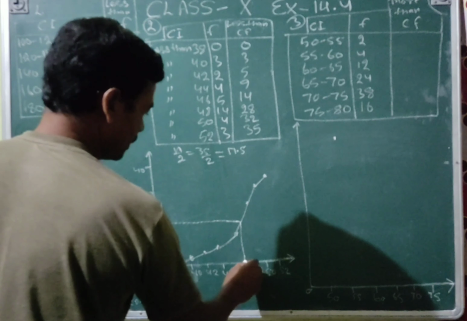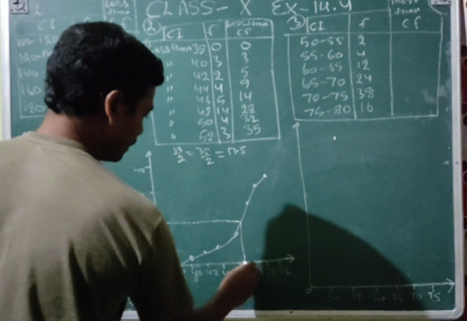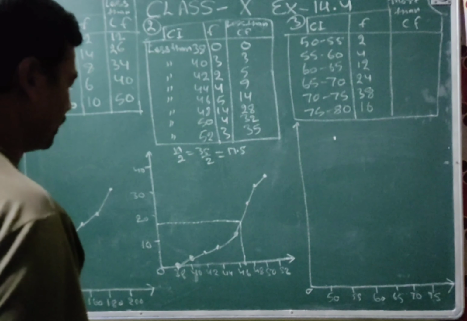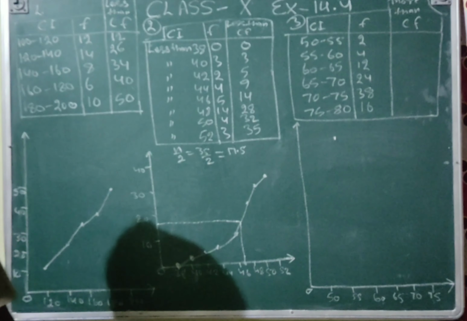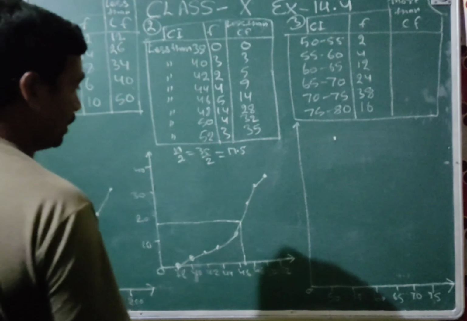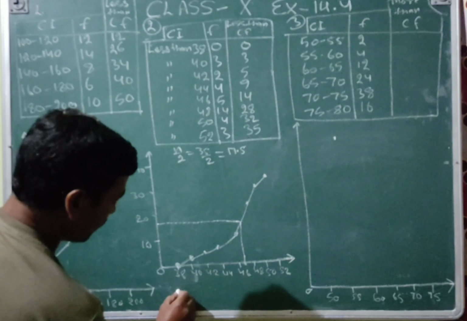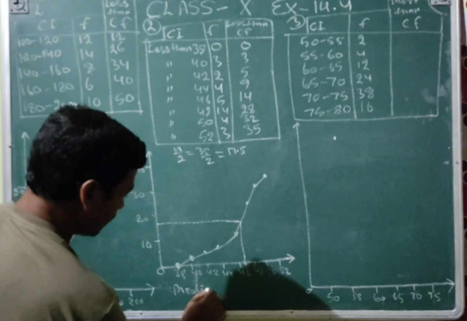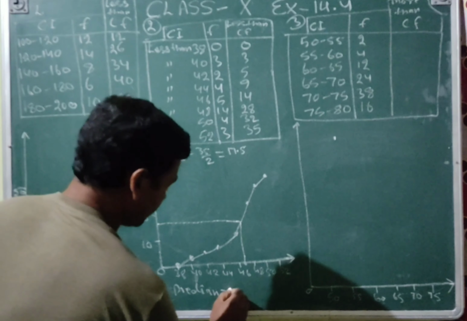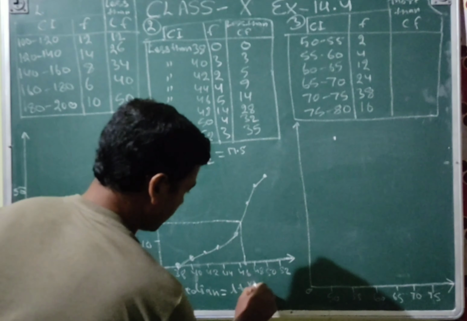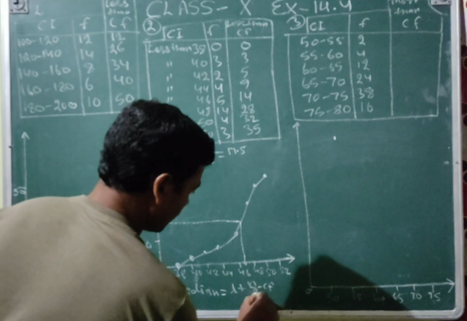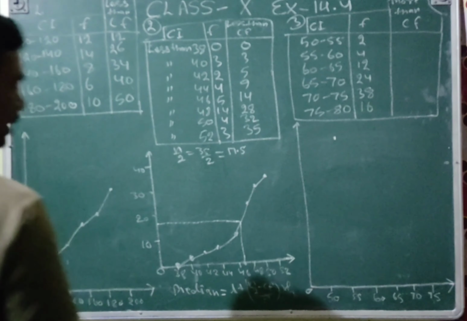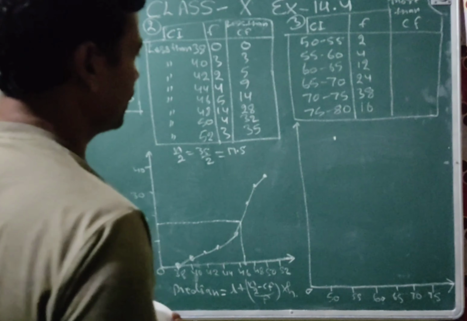This point will be the median. If you draw it on graph paper, then your point will come correctly. And then you will find the median by the formula method also. You know the formula: median is equal to L plus (n by 2 minus CF) upon f into h, as in the previous exercise. Then both medians will be the same.